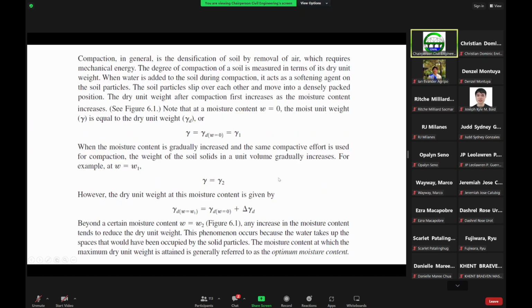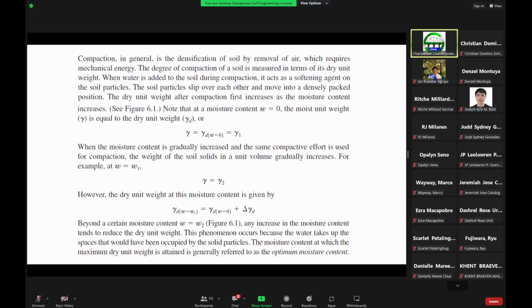Okay, just to delve deeper into compaction, let's try to have some basic understanding of the compaction mechanism. Compaction in general is the densification of soil. Don't worry about the text here; these are all taken from your book. I just put them here for easy reference.